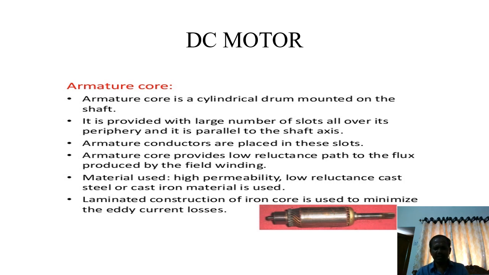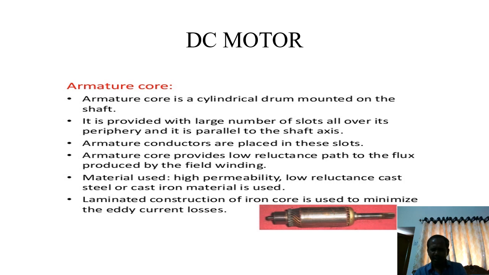This is like a drum-shaped shaft. It is located on the shaft and provides a large number of slots on the outer periphery of the armature. All these slots are placed with the conductors.